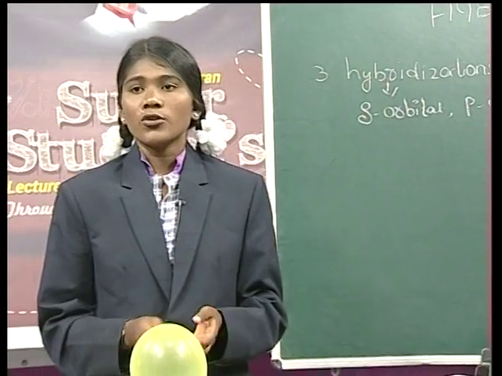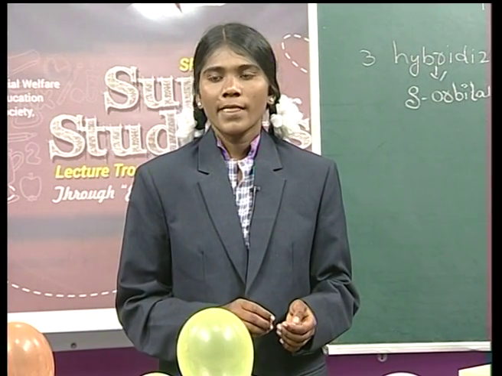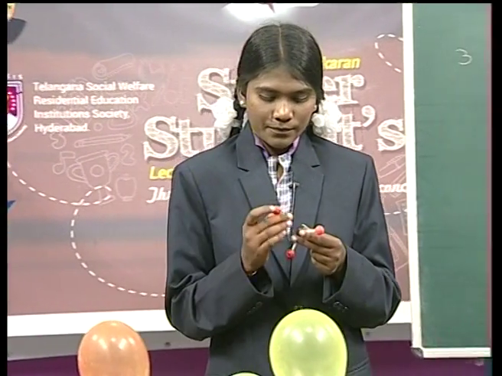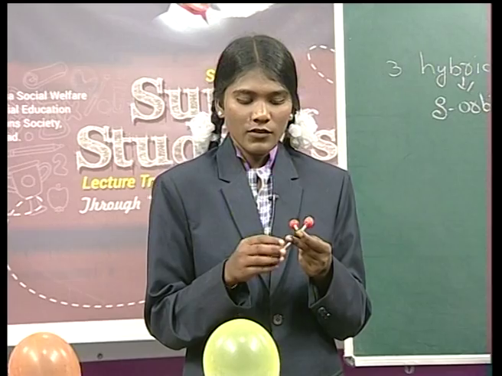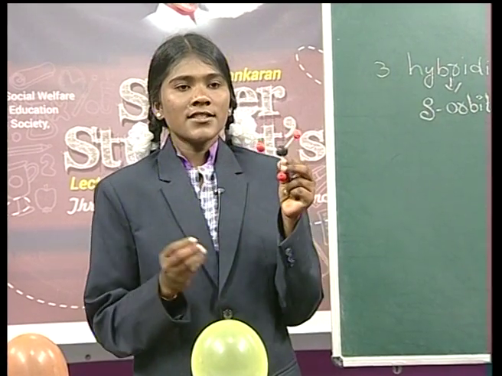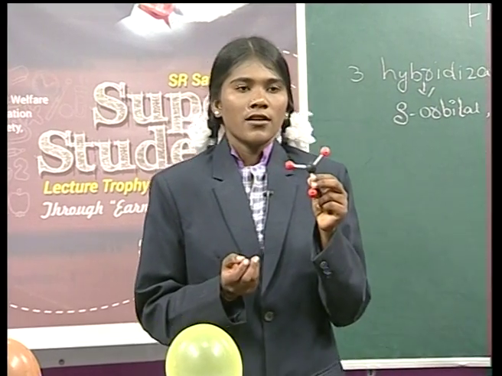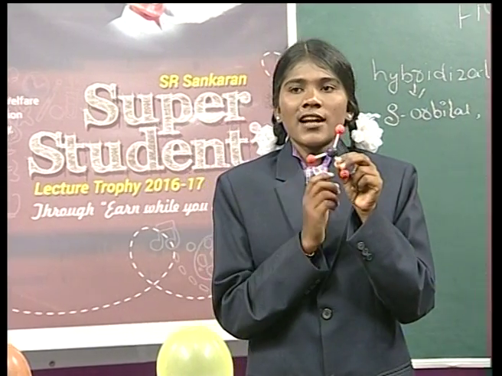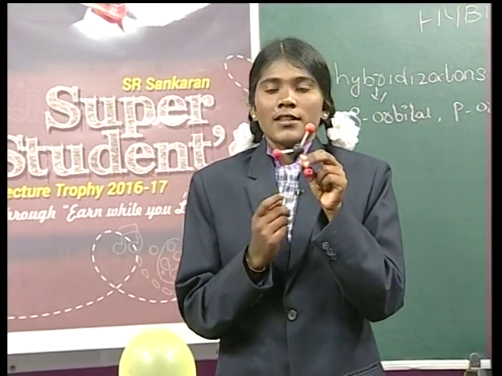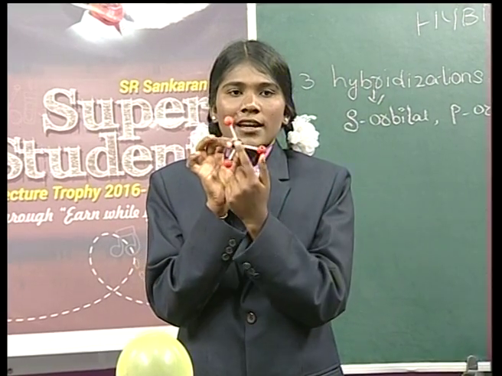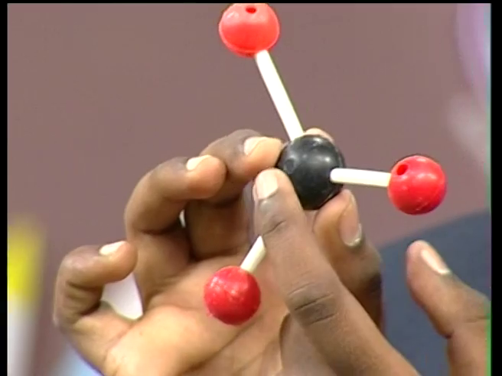Okay friends, do you understand what is meant by sp2 hybridization? Now we are going to see this in orbitals. Just now we discussed sp2 hybridization. Here, what is the central atom? The central atom is boron.